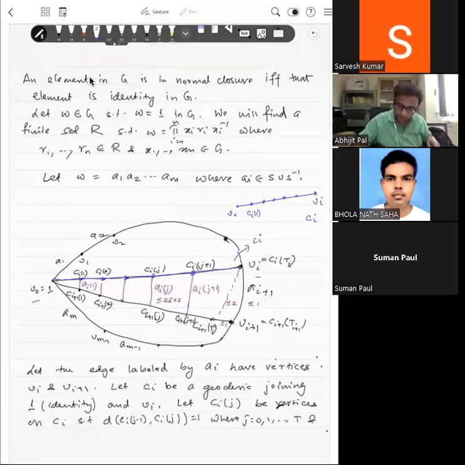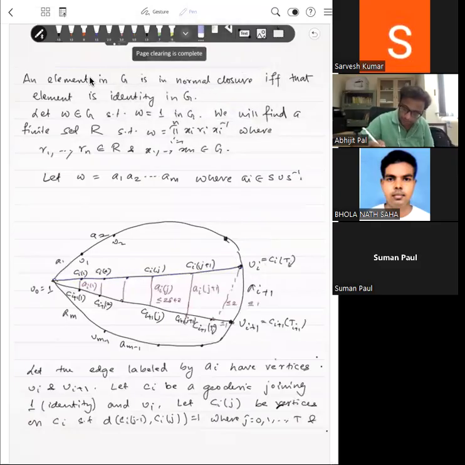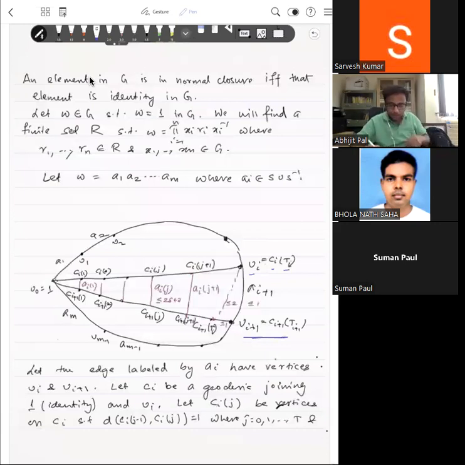So the end vertex, Vi, let us call it Ci Ti, and similarly we have this here, the end vertex for i plus 1.